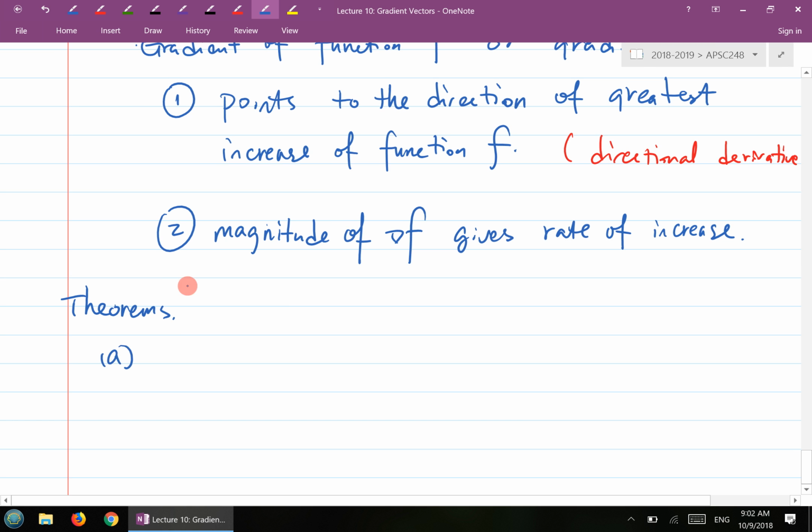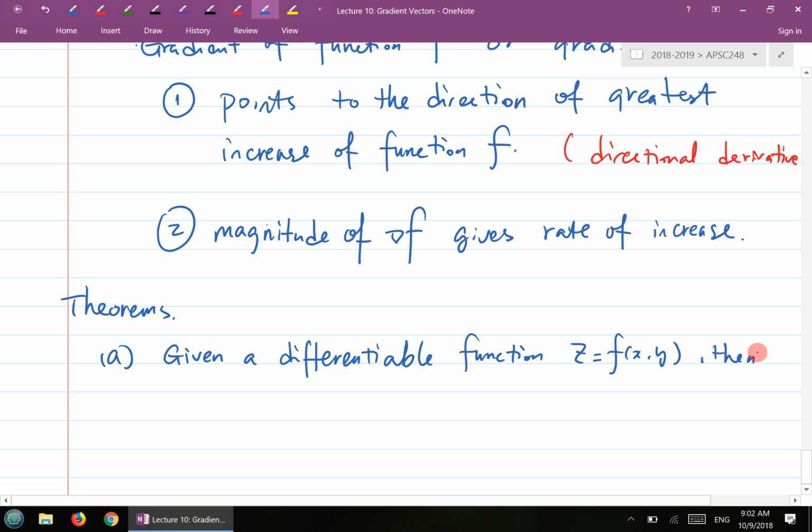So two theorems. Let's say the first one here: given a differentiable function z equal to f of x, y, so it's a 2D function, here's the conclusion. The del f is perpendicular to the level curve. Level curve essentially means you slice the surface with an arbitrary plane z equal to c.